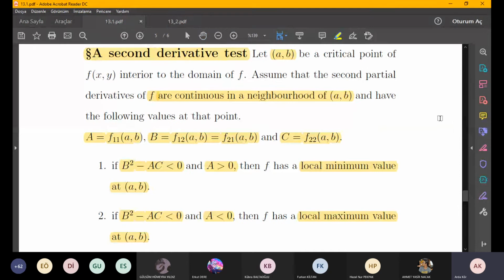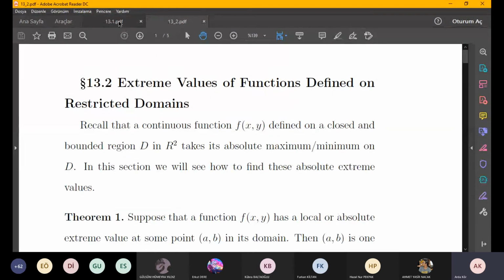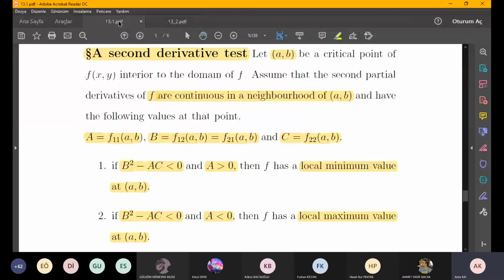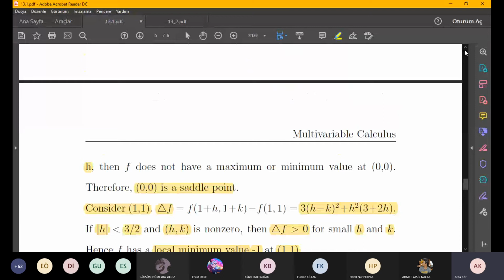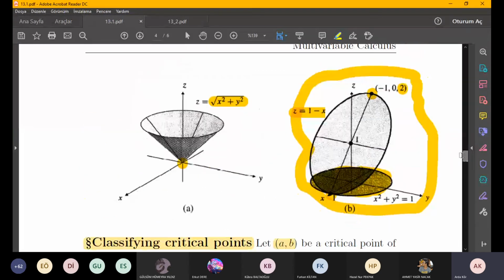Okay. So we will continue by extreme values of functions defined on restricted domains. And I guess this can be an example for this. But we will continue by the second chapter. So this can be an example because the function has domain as all xy plane, and we restrict the domain on the disk x squared plus y squared smaller or equal to 1.